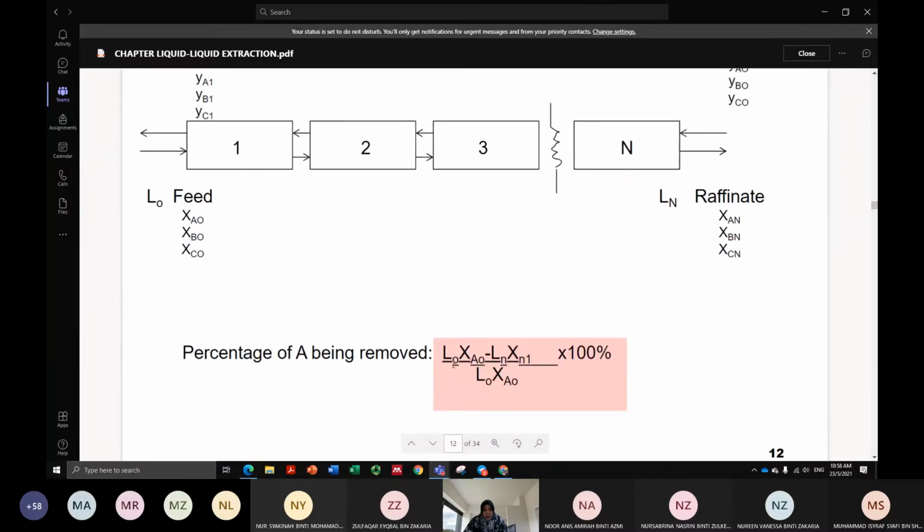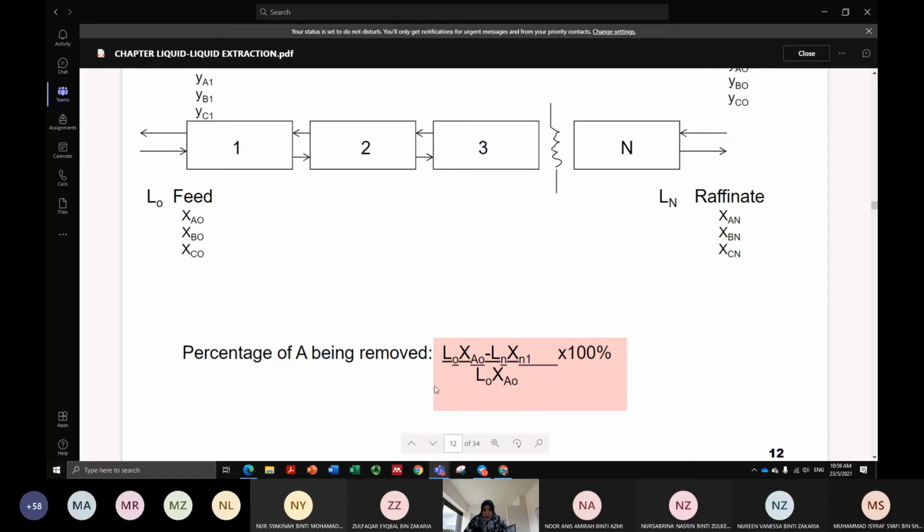Okay, so L naught multiplied by XA naught is the flow rate of the solute in the feed. Ln multiplied by Xn1, okay, so Ln here. Actually Ln multiplied by XAn, you can present this as XAn so that you don't confuse the symbol.